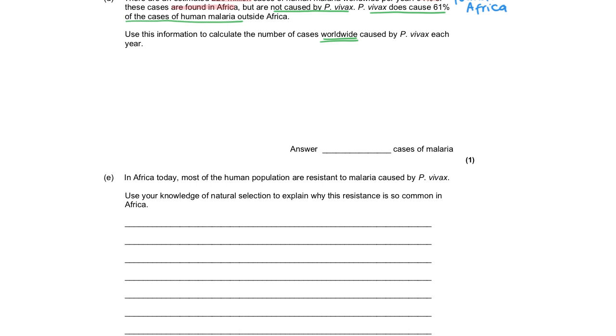And automatically, the fact that they've said worldwide means that I'm not considering Africa. Okay, so I know that of these 229 million cases, 6% of those are found outside of Africa. Okay, these are found in the rest of the world. And if I do the 229 million times 6%, or if I'm writing it in my calculator, 1, 2, 3, 4, 5, 6, I'm going to times it by 0.06.